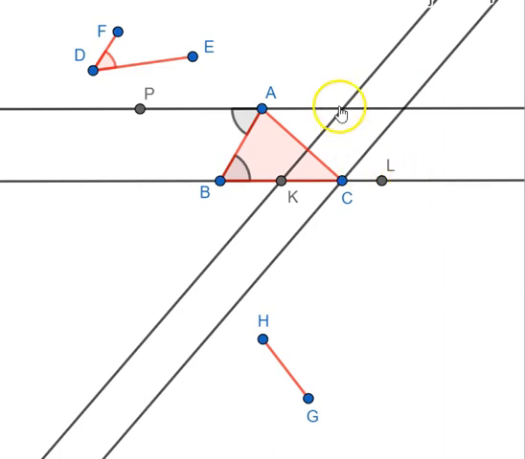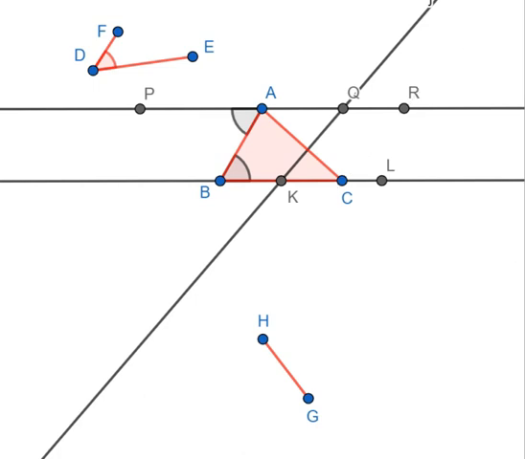Now we have points of intersection here and here. So let's mark those points of intersection, Q, and again the intersection point R. Now we don't really require those two lines. We have got what we needed.